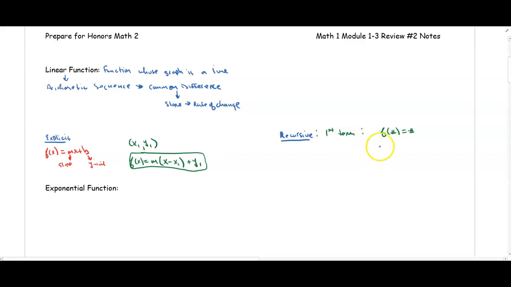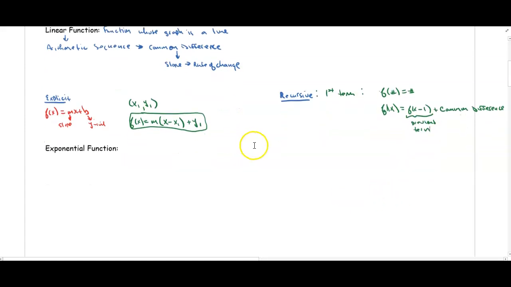And if you remember, f of x equals f of x minus 1 plus or minus that common difference. Okay, so remember, this represents that previous term. And we'll look at a couple of examples here in a minute. Okay, so that's a linear function.